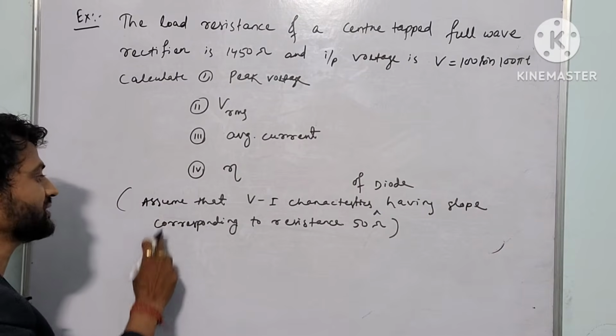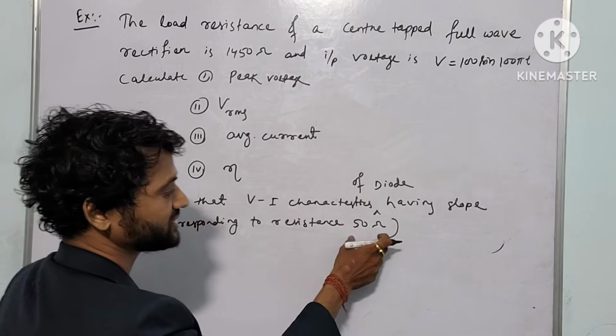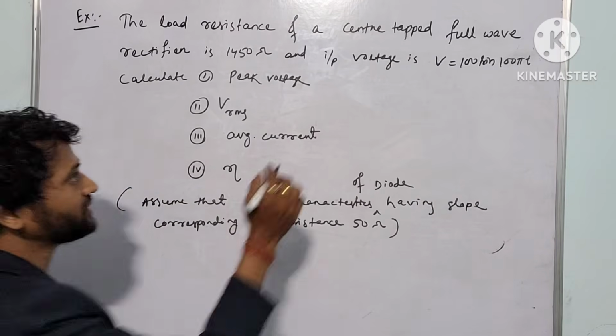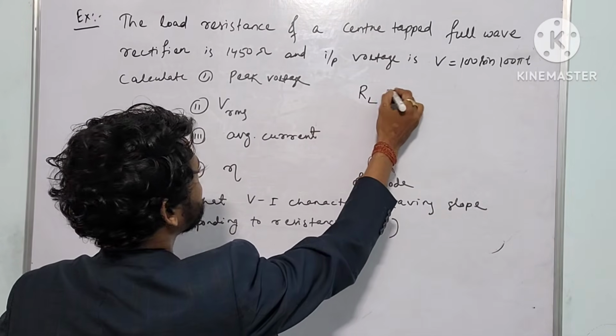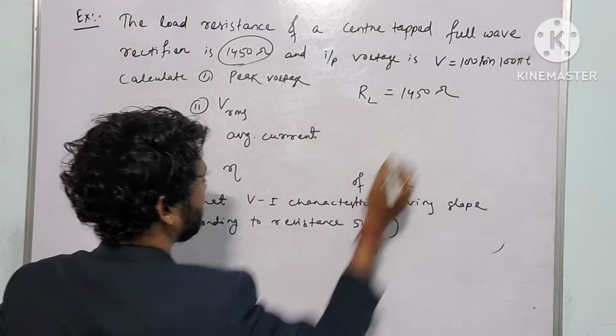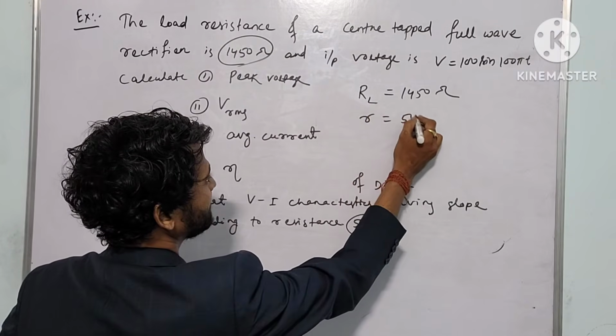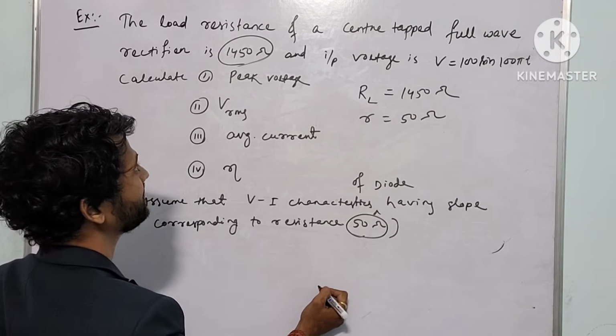And one more thing is given: assume that the VI characteristics of the diode have a slope corresponding to a resistance of 50 ohm. So here what is given? Load resistance is given, which is 1450 ohm. And your diode resistance or internal resistance, small r, is 50 ohm. Right?